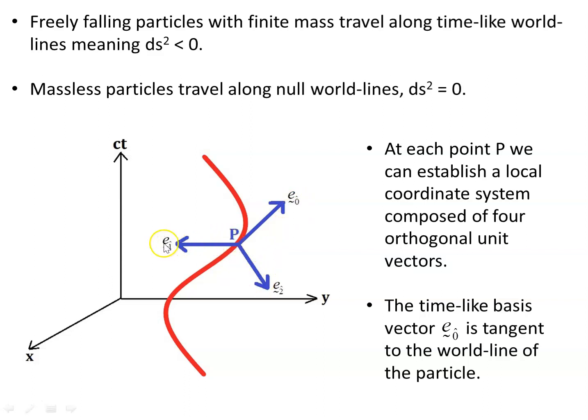The first 2 spatial basis vectors are orthonormal ones, E3 is obviously suppressed, and the time-like basis vector E0 hat is tangent to the world line of the particle. So we can take it as being tangent to the world line of the particle. We'll come back a little bit more to that.